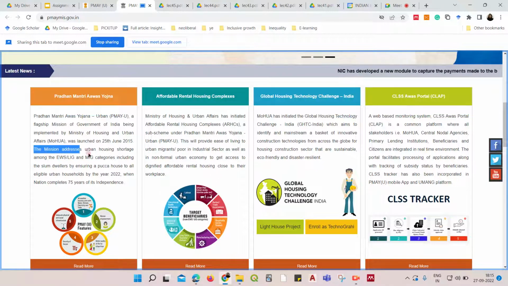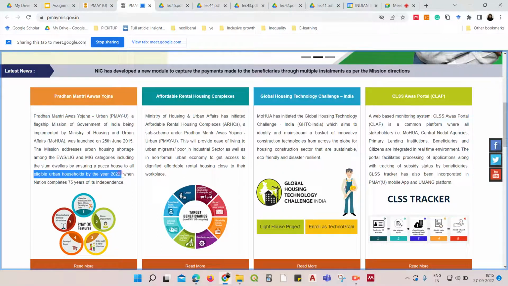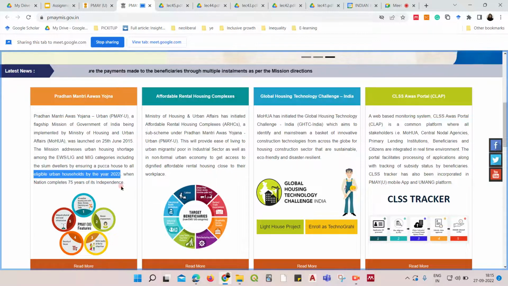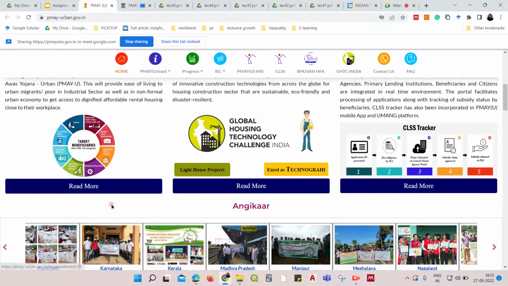They've written the mission, what the mission addresses. So you can see here if the mission addresses what we are asked in the question or not. And then you can see by which year the mission focuses on completing its objectives. All such components you can get from the website, or the program mission statement and all of that.